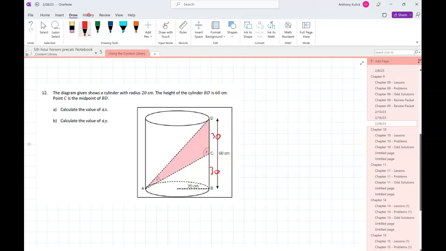It's not a right triangle, right? So you could use the pink triangle and the law of cosines to do this, but you don't have to. We have enough information to use just right triangle trig, which is probably what I would do.